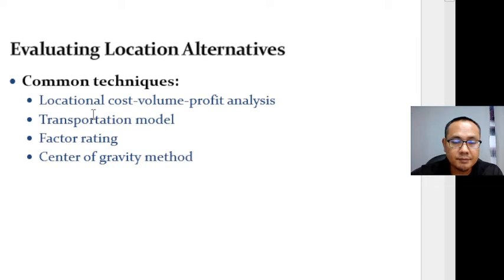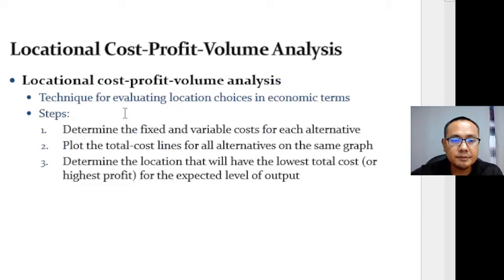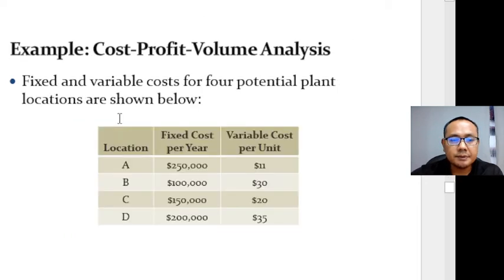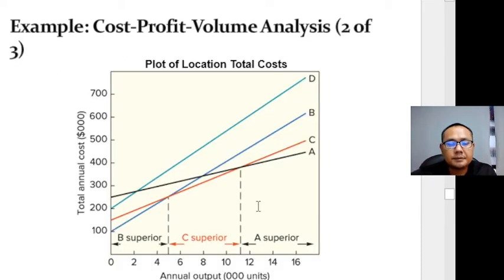It means if we have maybe two or three alternatives, we can use this to compare among them. For example, like this, the calculation for locations A, B, C, D. So cost profit volume analysis can be seen here.